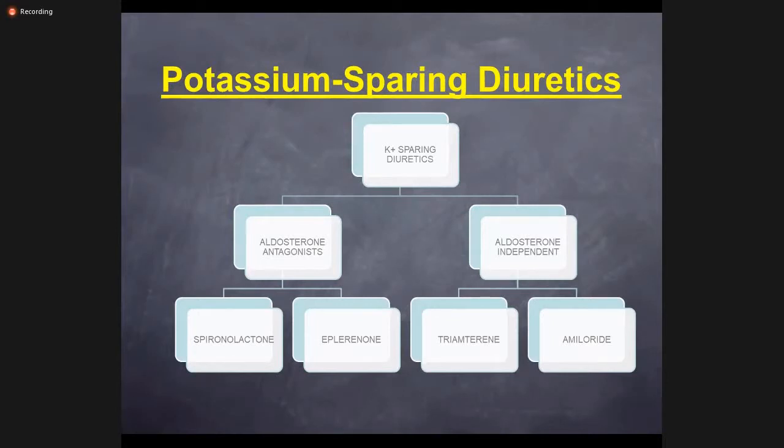So which group is going to enhance excretion of calcium, and which group is going to enhance the reabsorption of calcium? Can you recall?